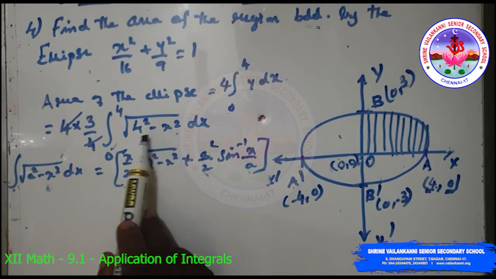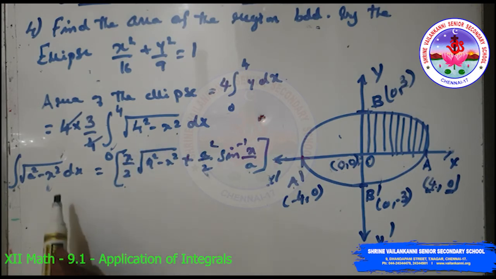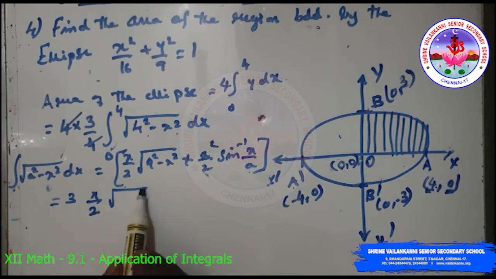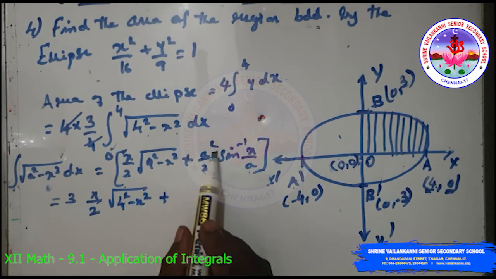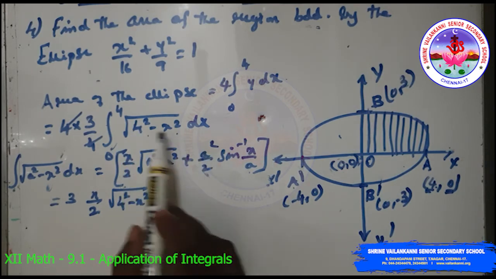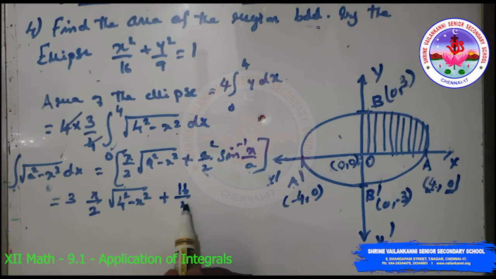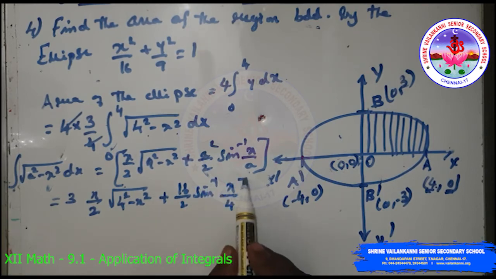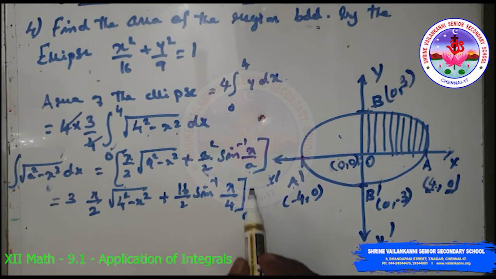Here x is x and a is 4. So writing this as 3 into [x by 2 root of (4 square minus x square) plus 16 by 2 sine inverse of x by 4], and the limit is from 0 to 4.